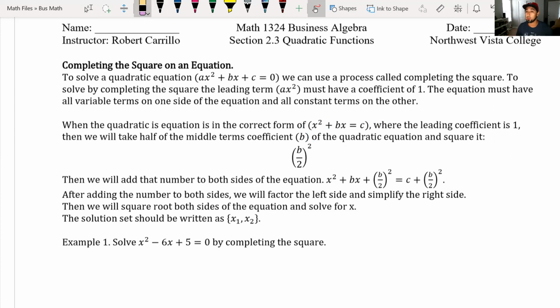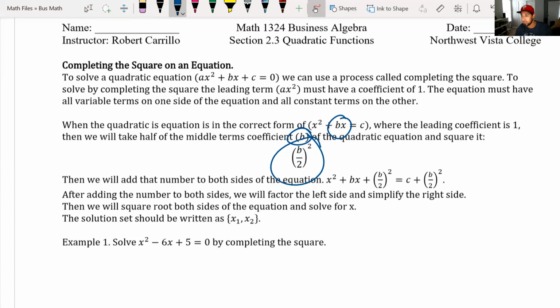We can do the complete the square process, which means we're going to take half of the middle term's coefficient. The middle term is bx, and the coefficient is b, and we're going to take half of it and square it, okay?